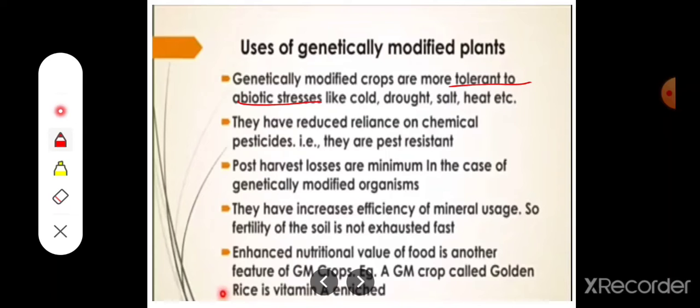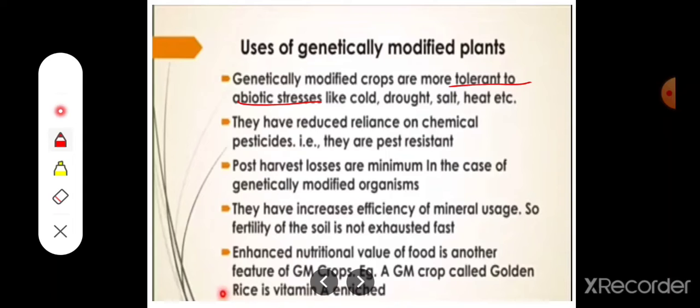So these GMO crops are more tolerant to abiotic stresses. Abiotic stresses are stresses from the environment, like temperature, cold, heat, drought, all these things. Biotic refers to living organisms, and abiotic stresses are stresses from the environment.